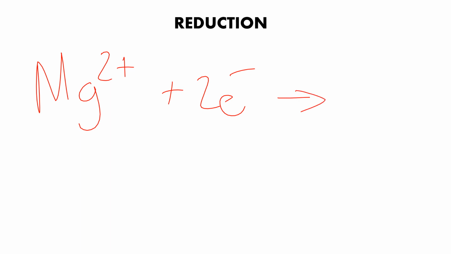So writing that reaction out again, magnesium ions pick up 2 electrons to give magnesium in its elemental form. That's a reduction reaction. The magnesium ions have been reduced.